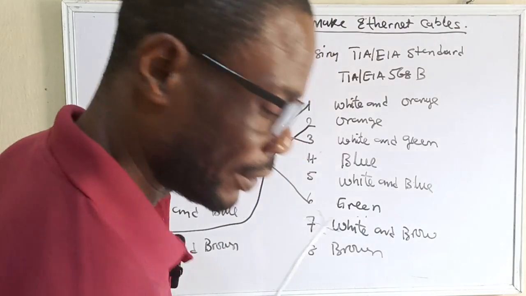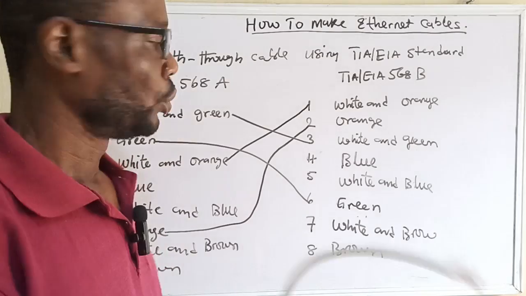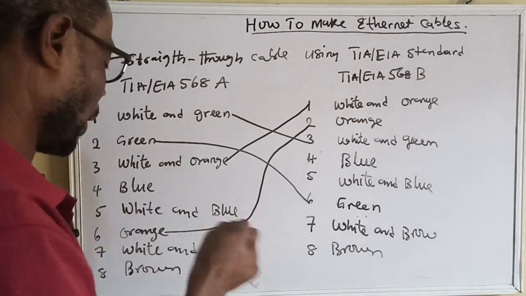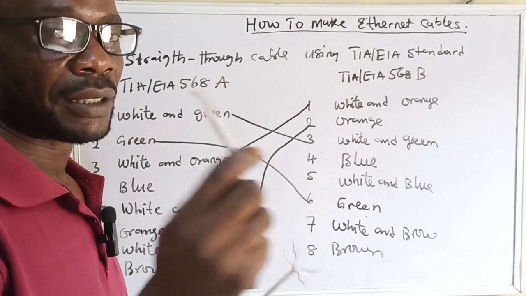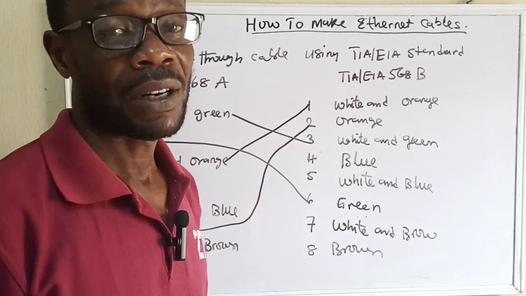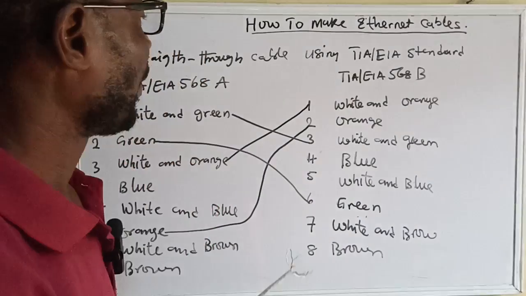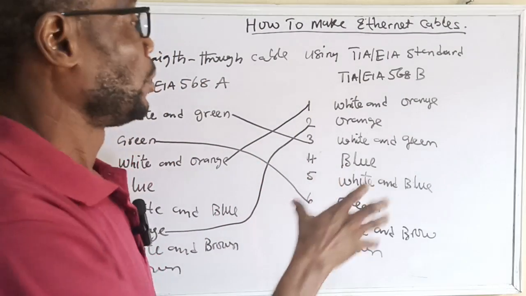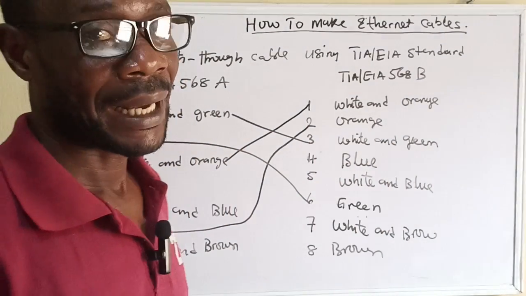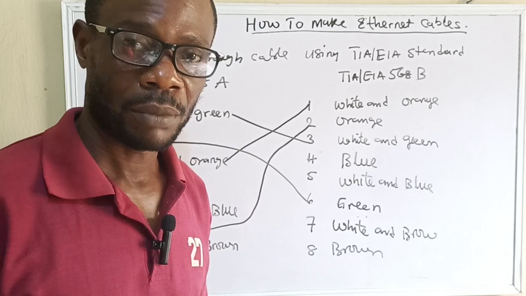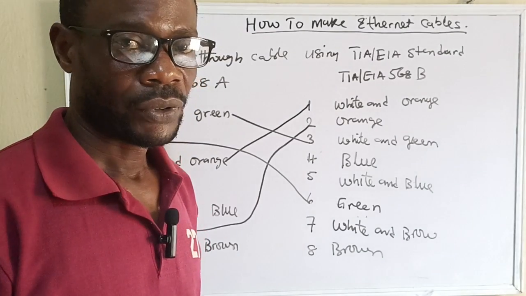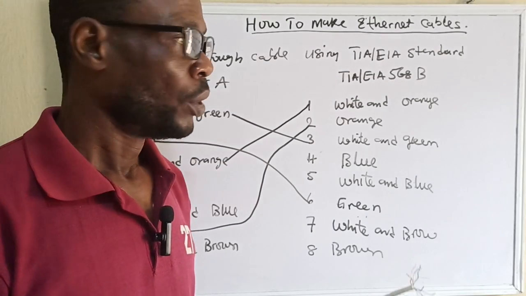I made this straight through cable using A by selecting from 1 to 8 here, and I did the same thing here using this A. So in your network environment, whichever you choose, A or B, make sure you use that throughout your network environment, for all the cables.